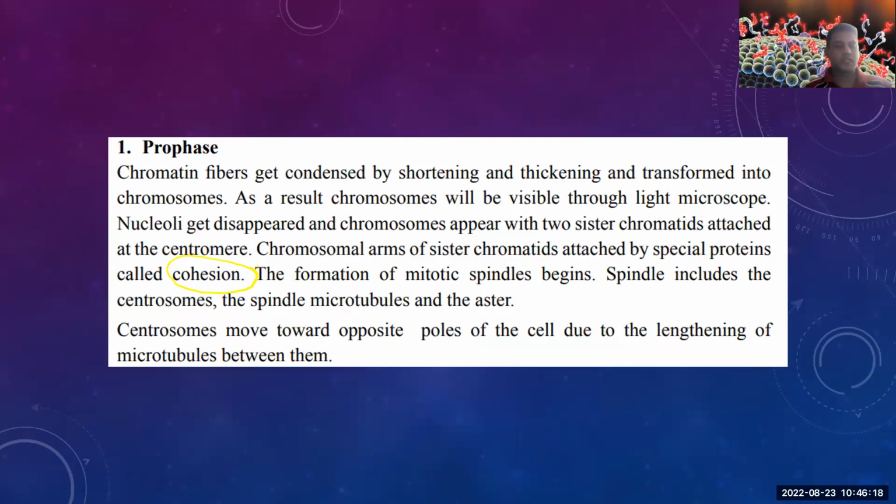Cohesin is the protein, so it's a small typing mistake here. It shouldn't be cohesion, it should be cohesin. The protein name is cohesin. Because we have seen water molecule adhesion and cohesion, so they can make bonds. Making the bonds with this protein is called cohesion, and the proteins are called cohesin, right?